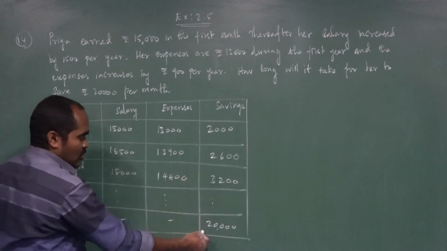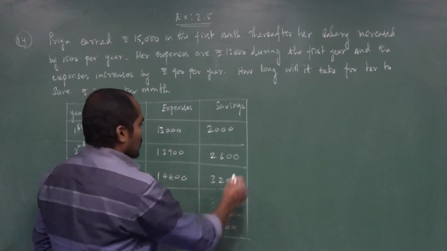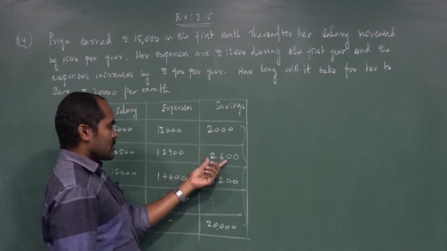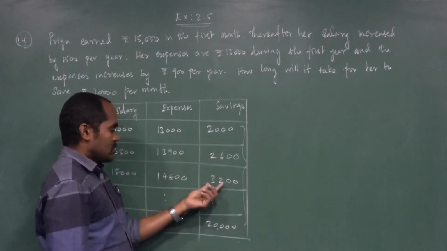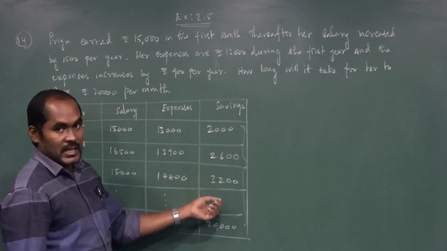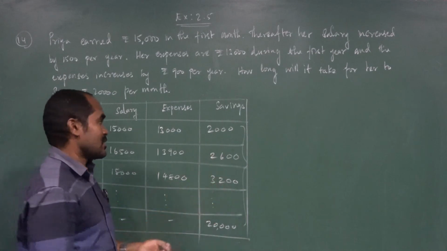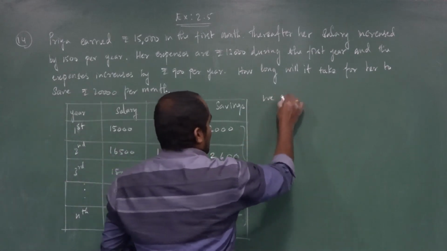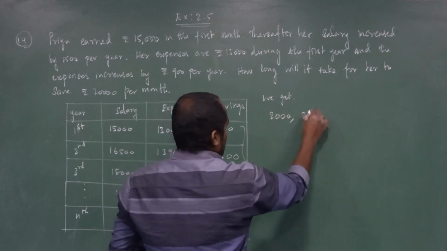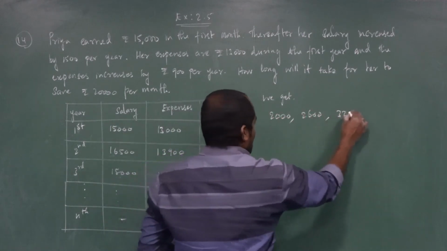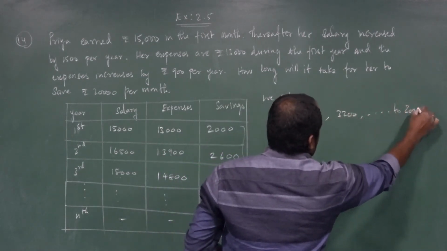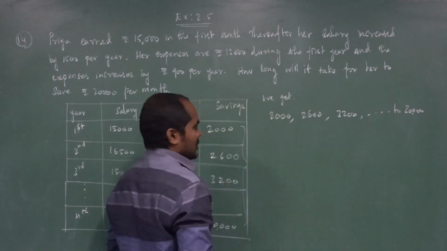So look at this savings amount, 2,000 in the first year, 2,600 in the second, 3,200 and so on. So the differences are the same, 600, 600, 600. So the savings amount is 2,000, 2,600, 3,200, etc., up to 20,000 in the nth year, right?